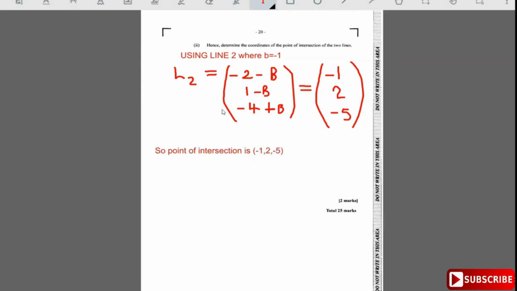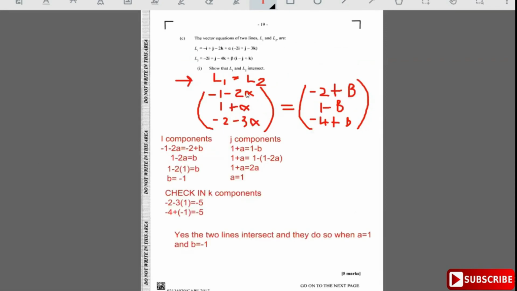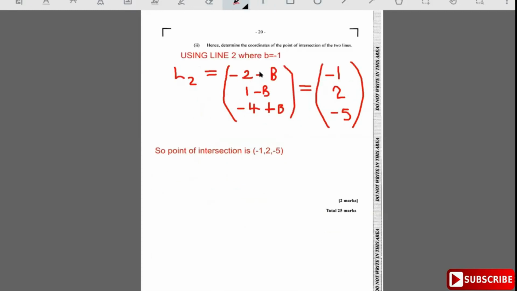Now we can check it around here. You can also check it when alpha is 1, you have -1 minus 2 times 1. Oh, I wrote it wrong right here. This is -2 plus beta.